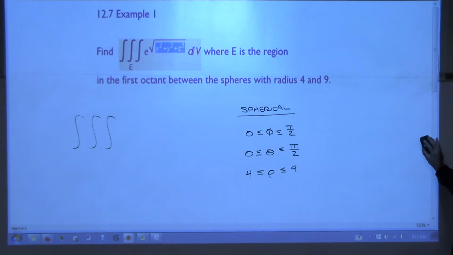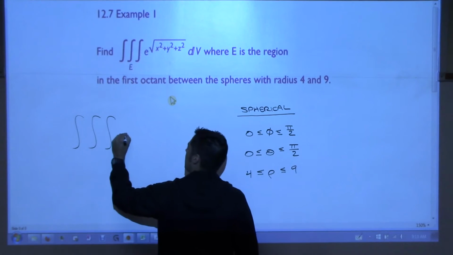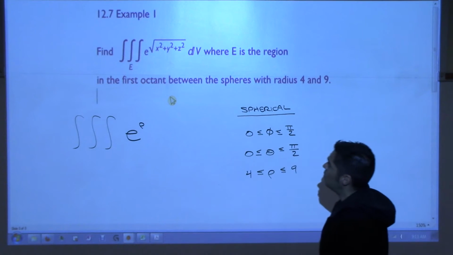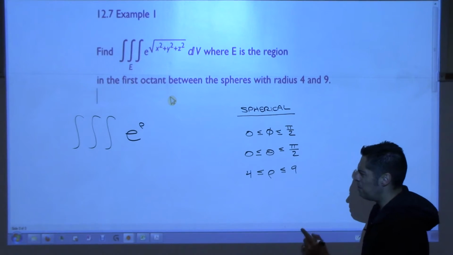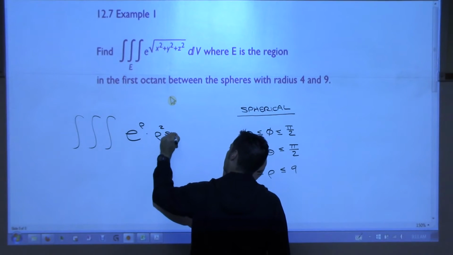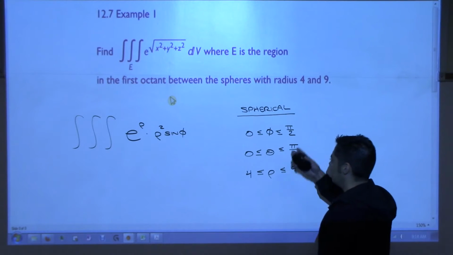Take the square root, you just get rho. So when I convert that to spherical, that's just going to be e to the rho. And then because I'm switching to spherical, I have to put in that special thing, rho squared sine phi. And my order of integration doesn't matter because these limits are all constants.